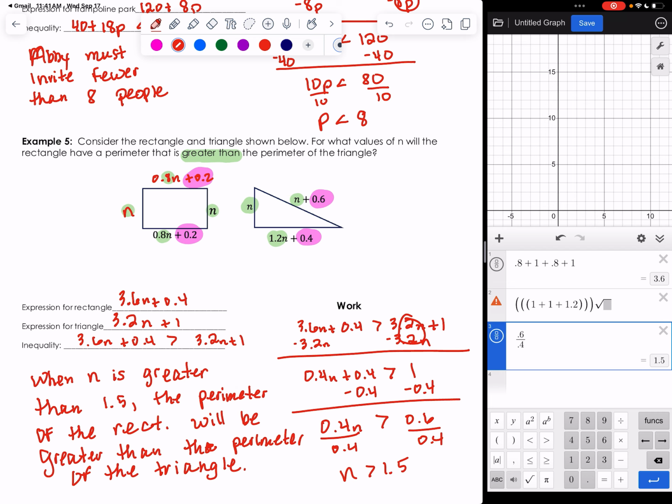And that concludes today's lesson on writing inequalities for real-world situations.